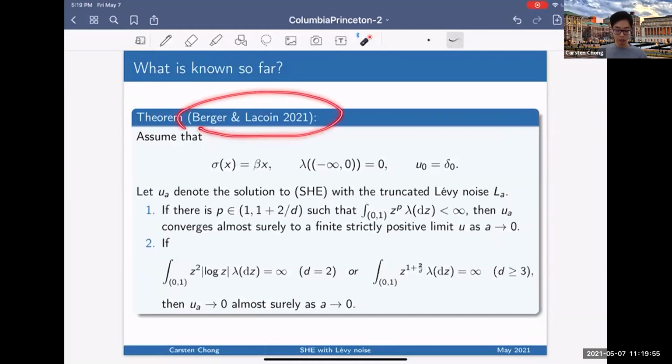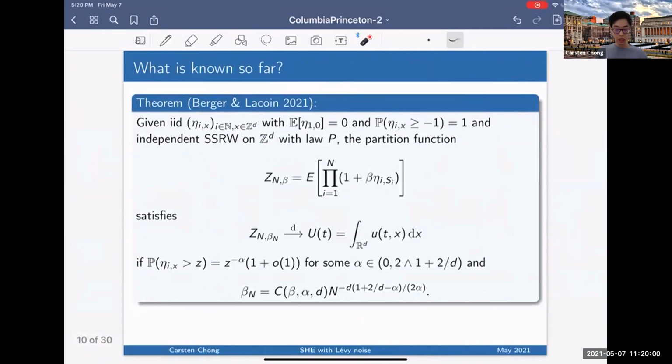Actually, in that paper, the main motivation they have is to study the convergence of polymer measures with heavy tail disorder. So they considered an IID field, eta(i,x), so i discrete time, x discrete in space, with finite mean, and such that the probability that it's greater than -1 is 1, and a simple symmetric random walk on Z^d.